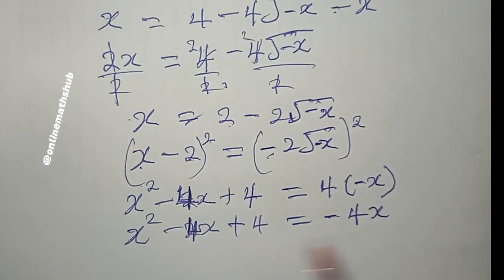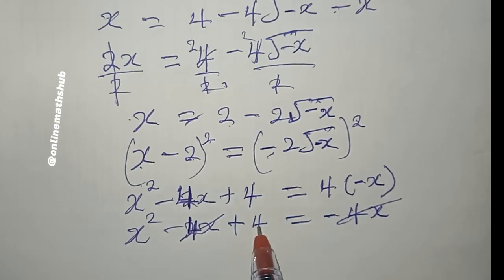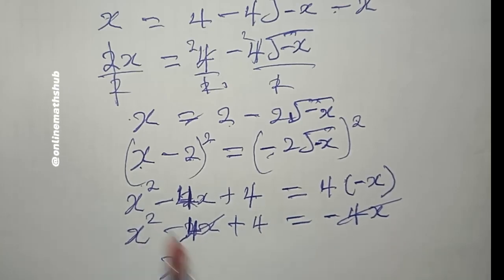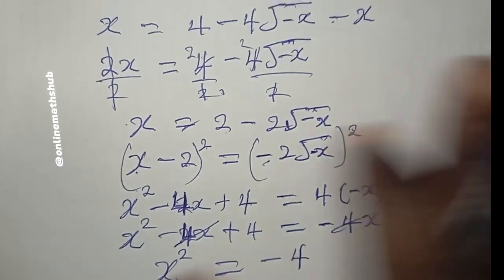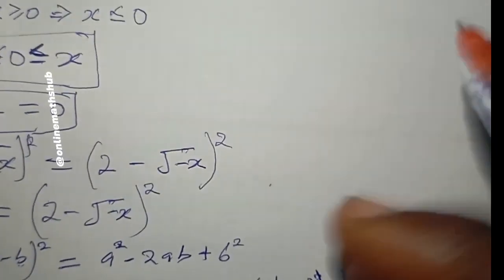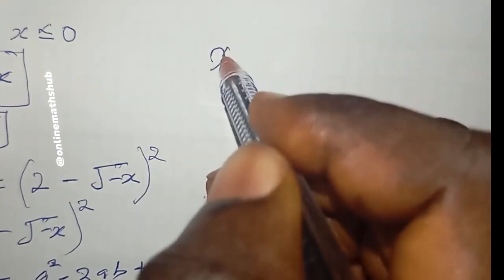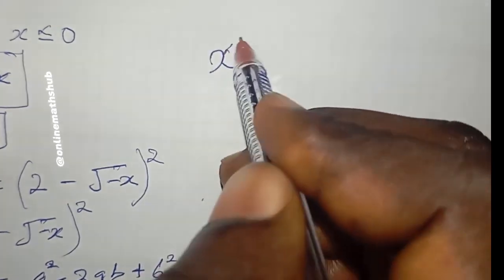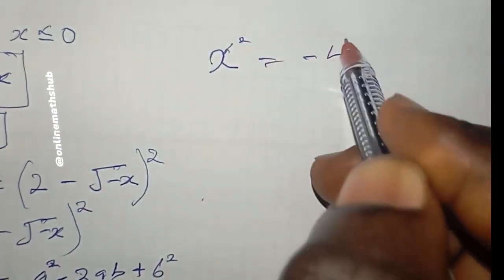So this can cancel this, and then I'm going to move this 4 to the right hand side, so that I have x squared is equal to negative 4.